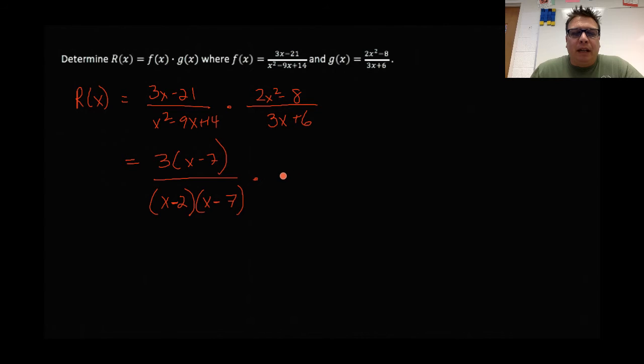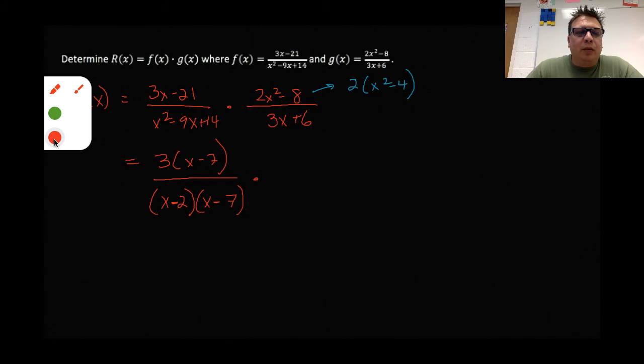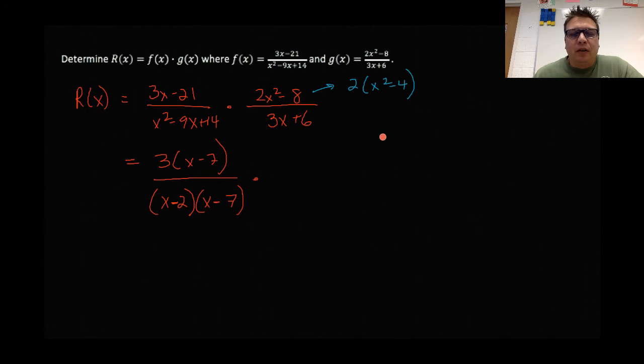Multiply that by, all right, so first thing I have to do is take out the common factor. I'm going to use another color here just so that it's not as confusing, but this will turn into 2 times x squared minus 4. All right, now I'm going to go through and break that down further for this second fraction.